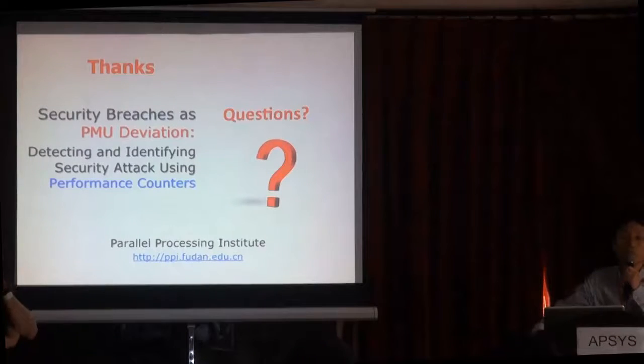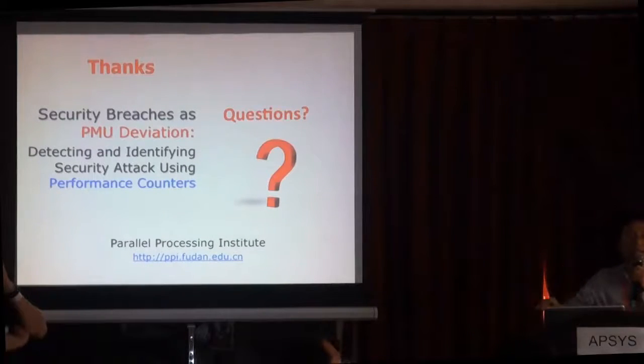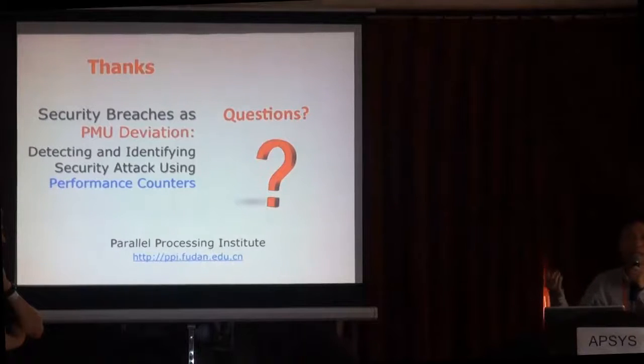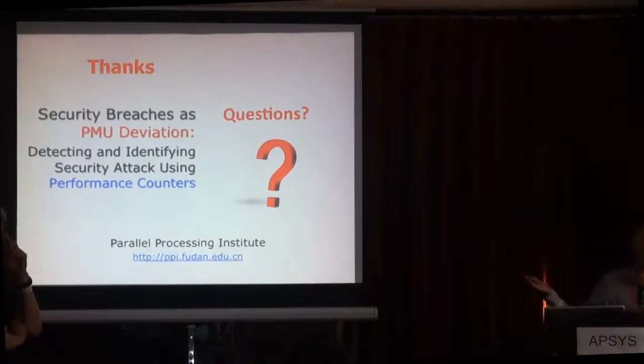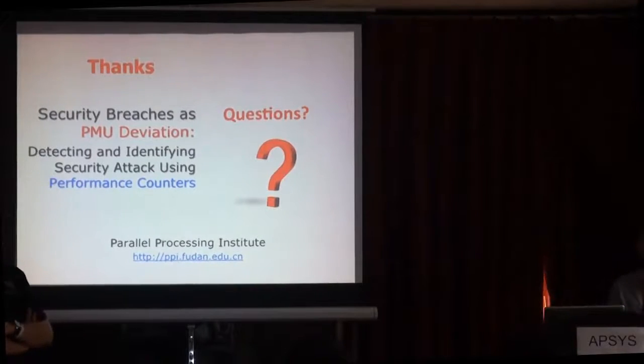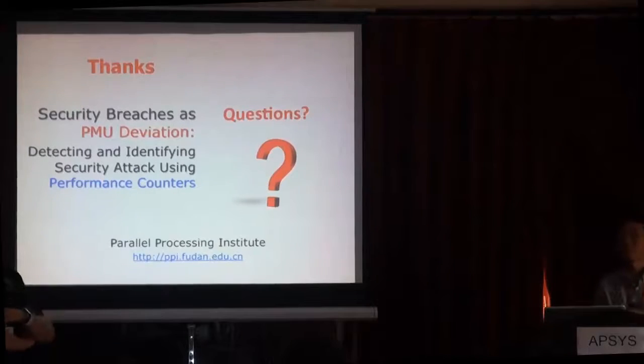Also we rely on some static analysis. We need to analyze the binaries to get the control flow graph, so in C programs it's not easy to get an accurate one. So we also may have some false positives and false negatives. But we didn't experience that in our evaluation. Other questions?